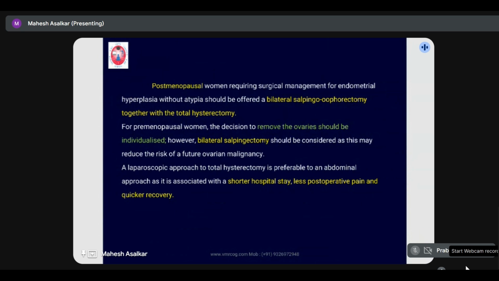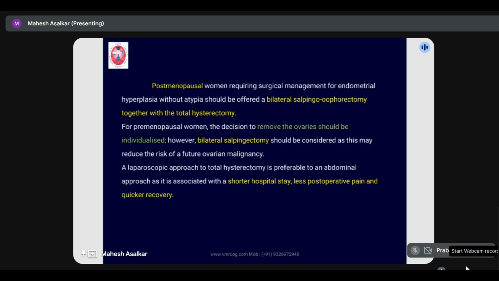However, bilateral salpingectomy should be considered, as this may reduce the risk of future ovarian malignancy. So if it is a premenopausal lady, removal of the ovary is individualized as per the case, but the bilateral tubes should be removed, as it will reduce the risk of future ovarian malignancy.